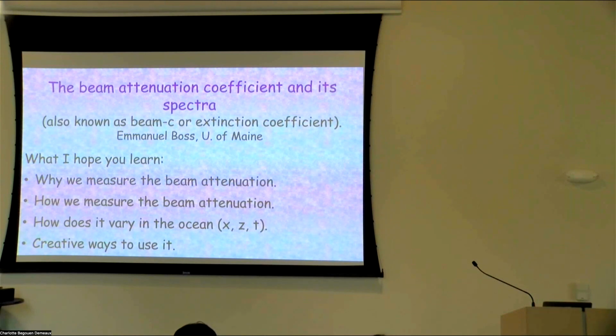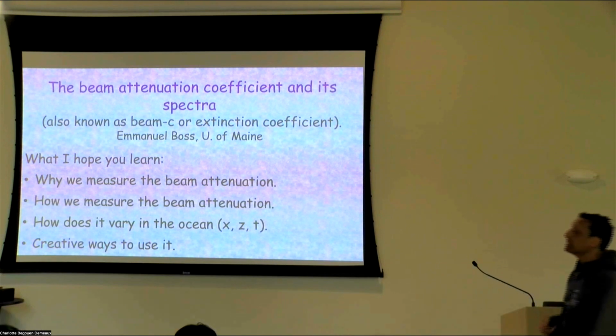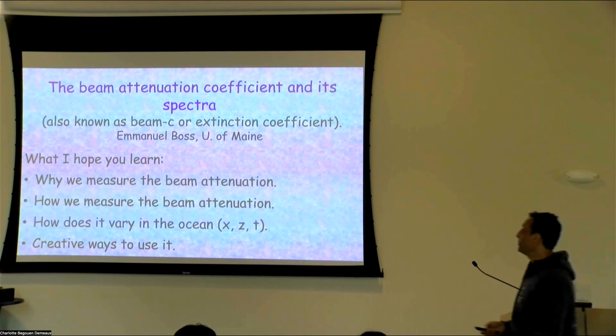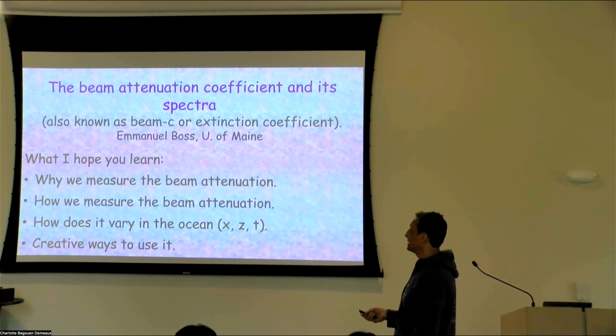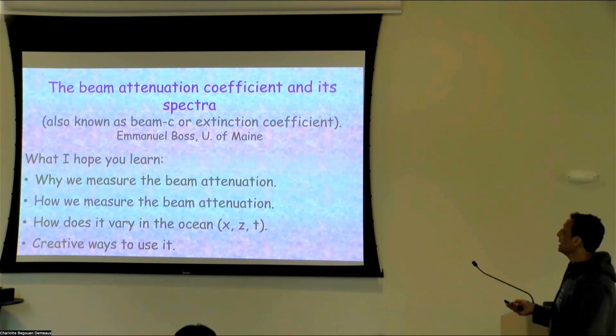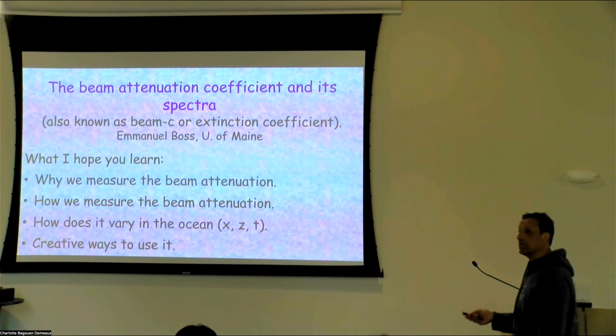So what I'm going to talk about is directly related to what Wayne just talked about. Some of it I'm going to skip because it was covered, but feel free to stop me if you want me to revisit that stuff. What I hope to provide you today is information about the beam attenuation, which is also called beam C or the extinction coefficient.